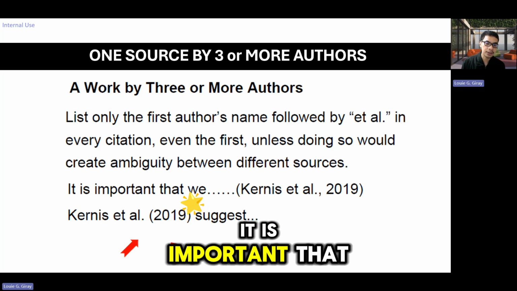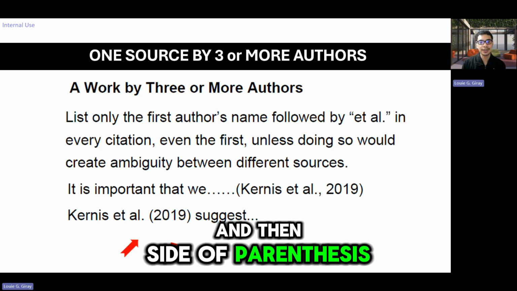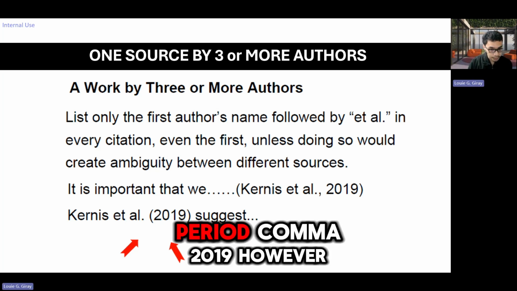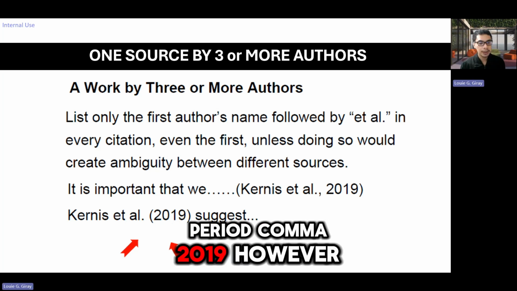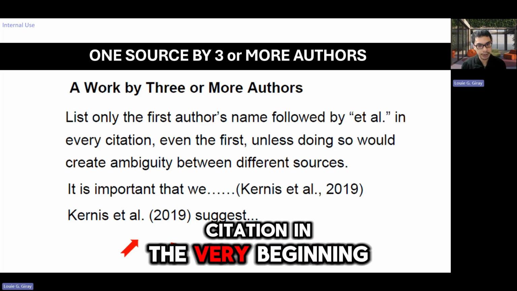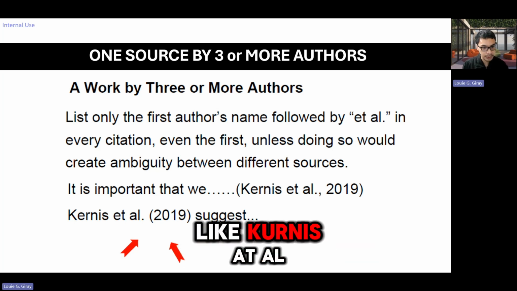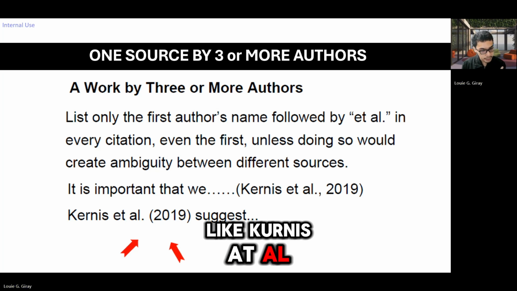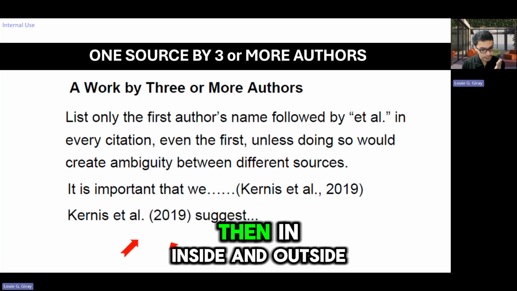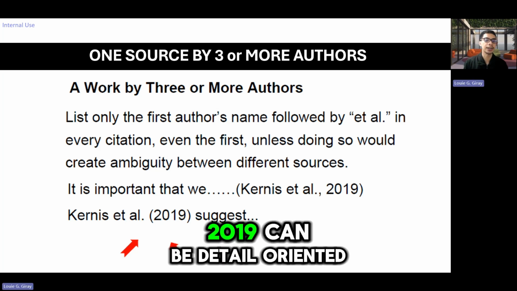It is important that, and then inside the parenthesis, (Kernis et al., 2019). However, if it's in-text citation in the very beginning, you don't put a comma at all, like Kernis et al. (2019), with the year inside the parenthesis.